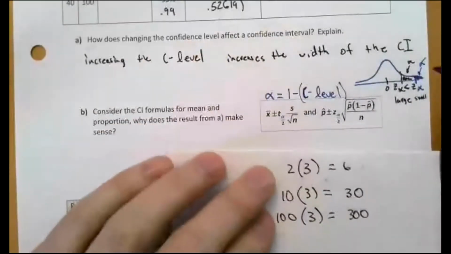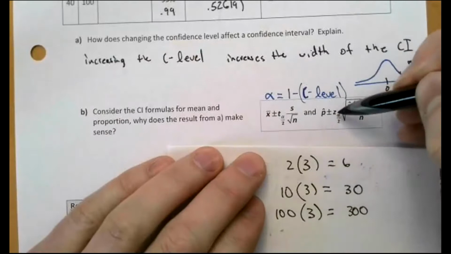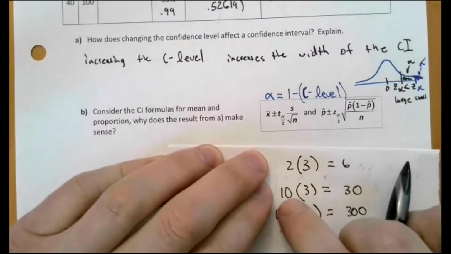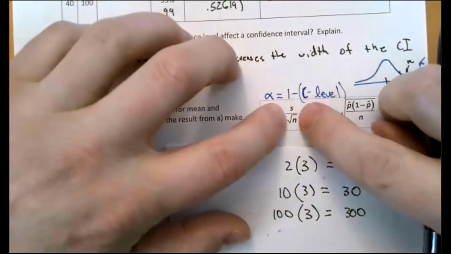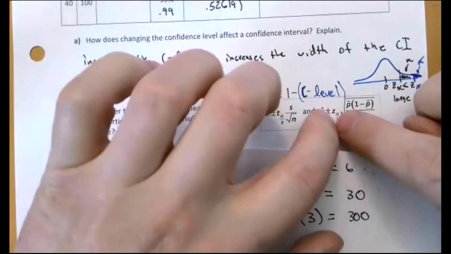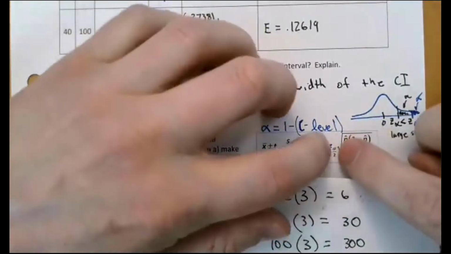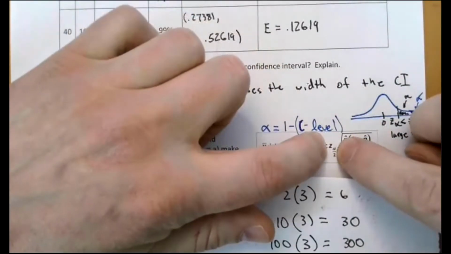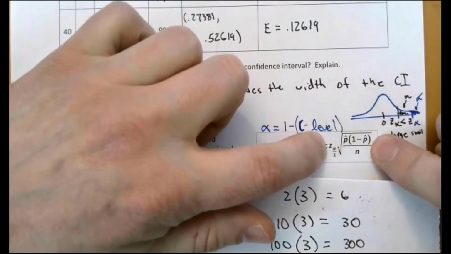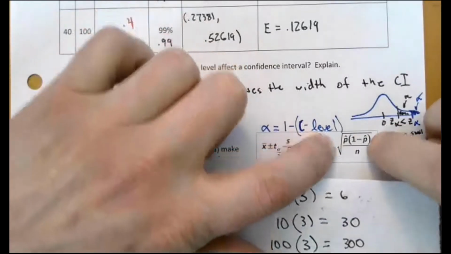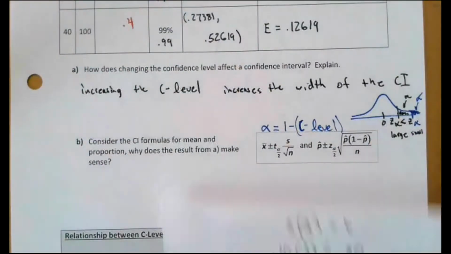So these Z's and T's are the number that we're multiplying by, and then this thing is more or less fixed. So as we make this alpha smaller by increasing our confidence level, it increases what we're multiplying by, thus makes this margin of error larger. That's the algebraic thing that's happening.